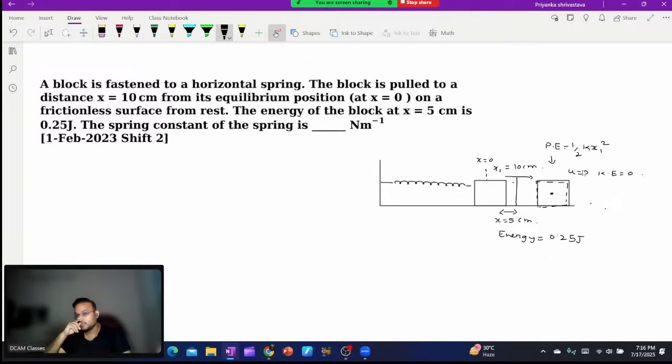Okay. At this particular position, Haripriya, it is expanded still. But what is the distance? 5 centimeter. Let's say it is x2. So here also it will have some potential energy, half k into x2 square. But since from this position it has been left, we'll have to calculate both spring potential and kinetic and equate.